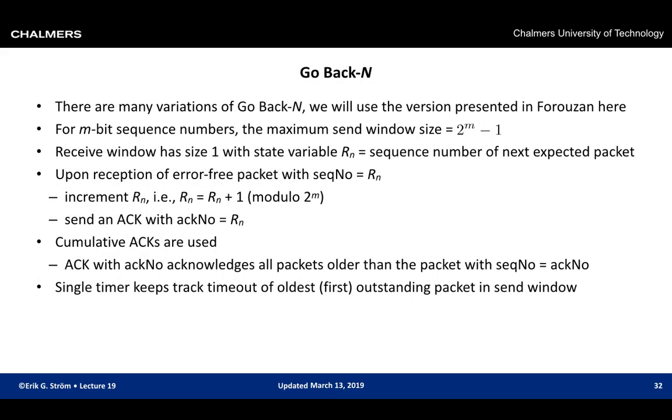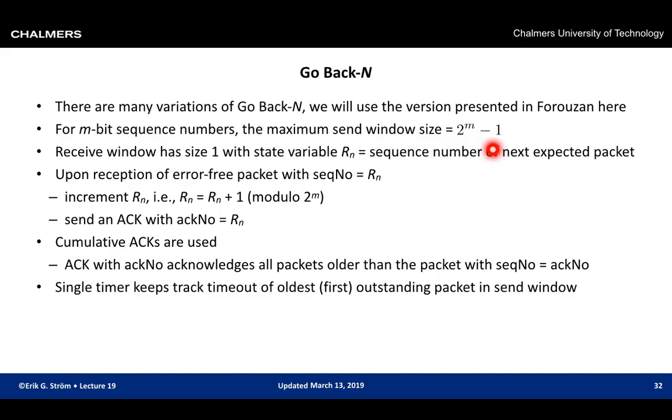Go back n. The only difference from stop and wait is that we have a send window which is larger than 1. So if we have n-bit sequence numbers, we can have a send window with a size up to 2^n - 1. It could be smaller, but this is the maximum size.